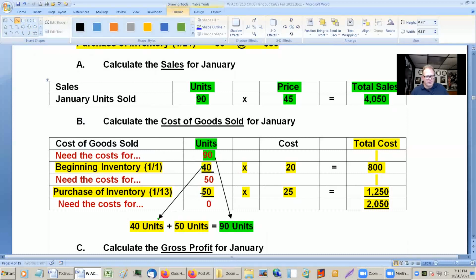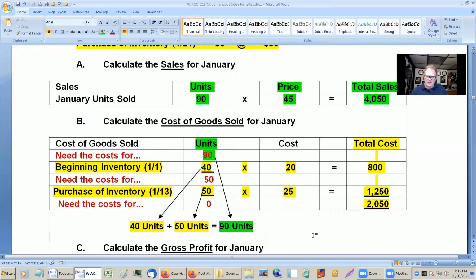We're just finding the cost for 90 units. They just come from different layers. You sold 90 units, you got to find the cost for 90 units. The equation really hasn't changed. You have to find the cost of however many units you sold.